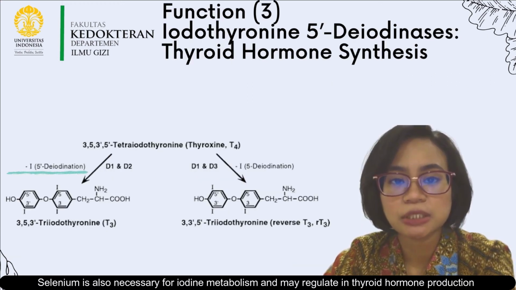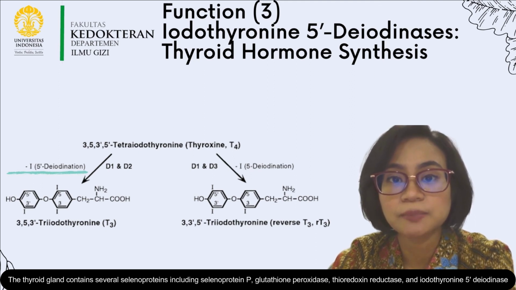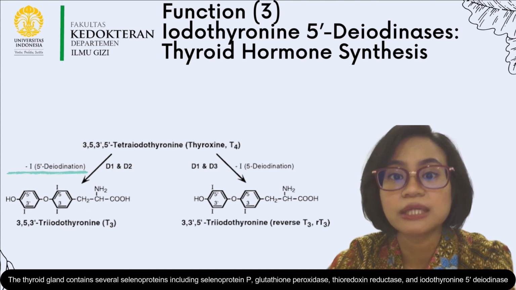Selenium is also necessary for iodine metabolism and may regulate thyroid hormone production. The thyroid gland contains several selenoproteins including selenoprotein B, glutathione peroxidase, thioredoxin reductase, and also iodothyronine 5-deiodinase.